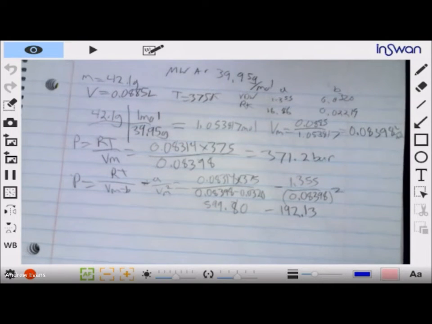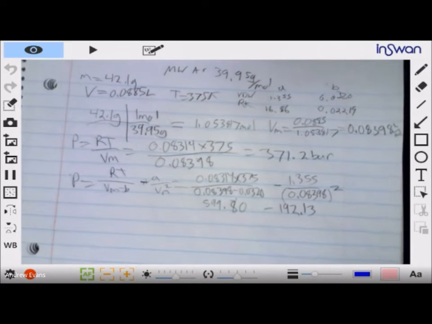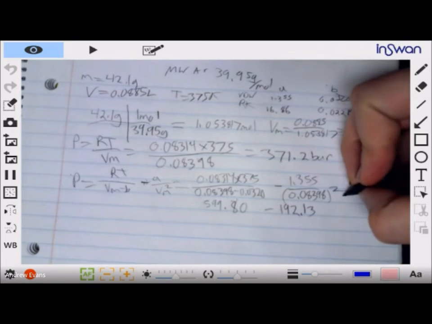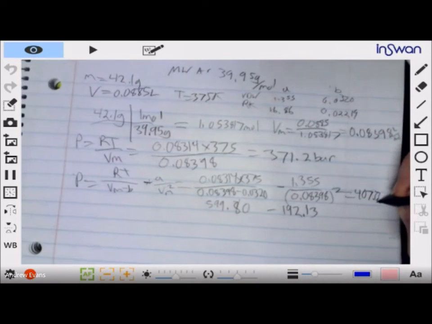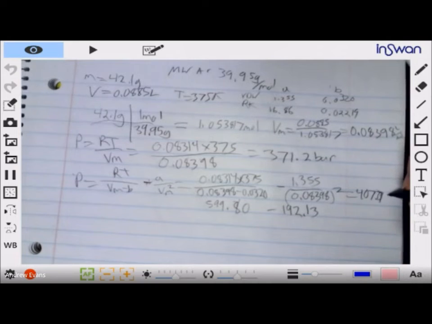So 599.8 minus 192.13 gives us 407.7 bars.